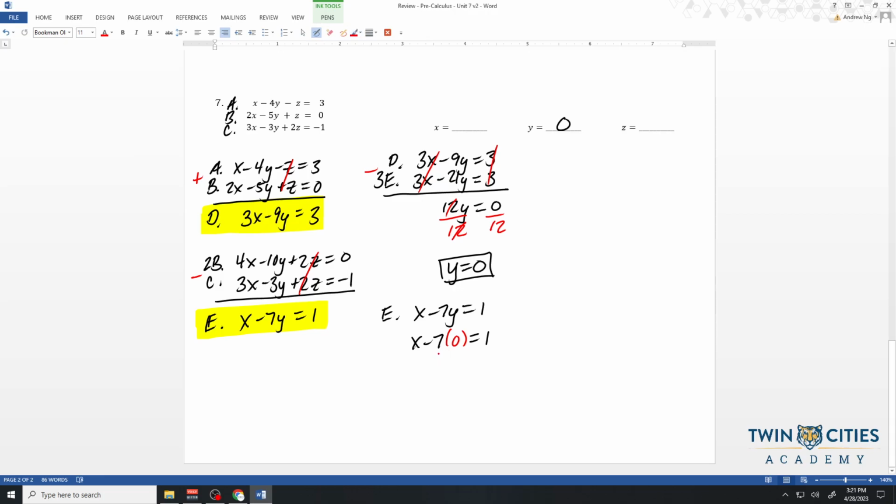Okay, negative 7 times this 0. So that will just be 0, and I'll have x is equal to 1.